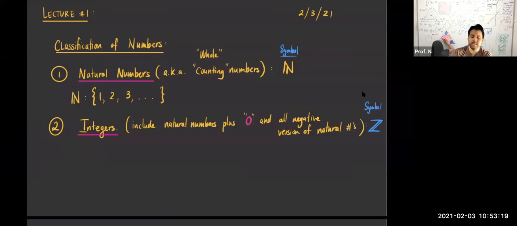So when you see this symbol with the Z, I forget, there's a reason why it's a Z instead of an I. I believe it might have been German, or some other European language, where integers are represented using a name that starts with the letter Z. But I'm not familiar with that.